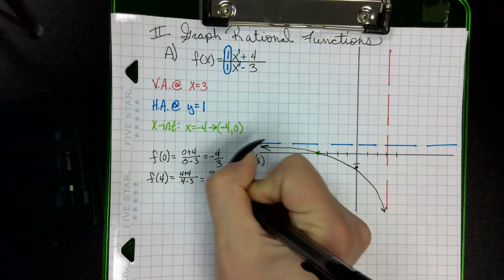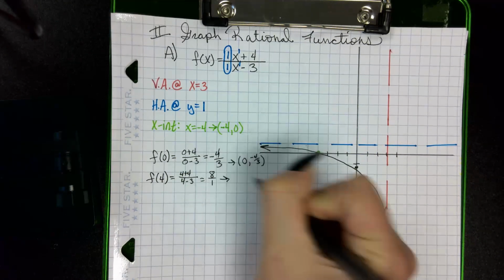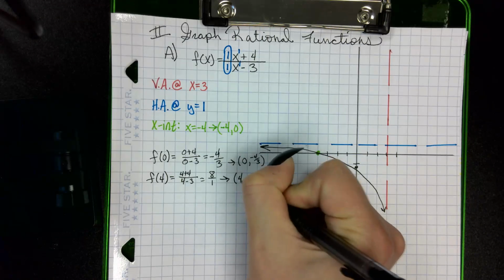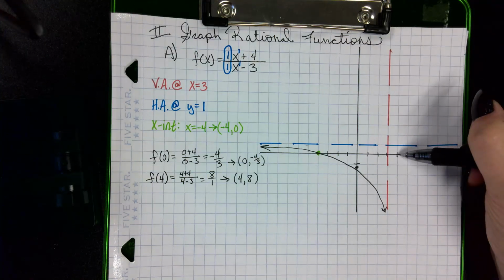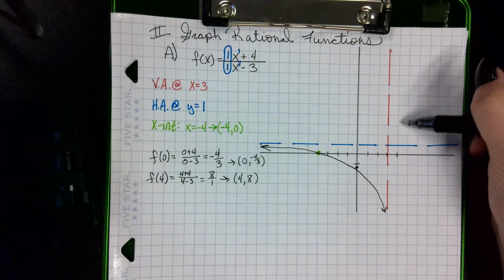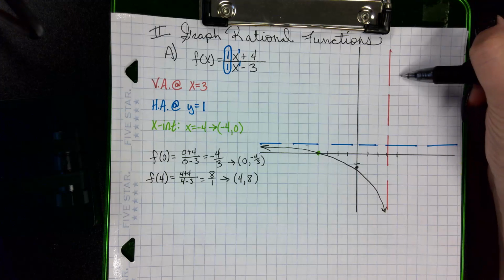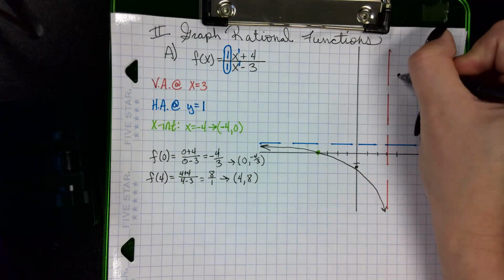So that is 8 over 1, which gives me the point 4, comma 8. So when x is 4, y is 8. X is 4, 1, 2, 3, 4, 5, 6, 7, 8. It's a point right here.